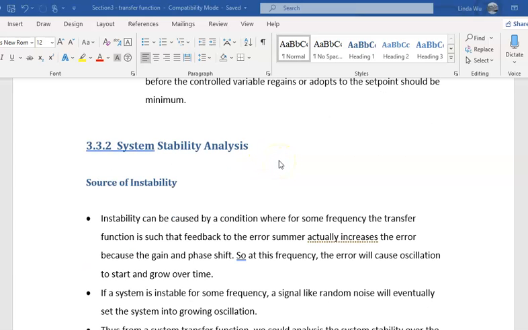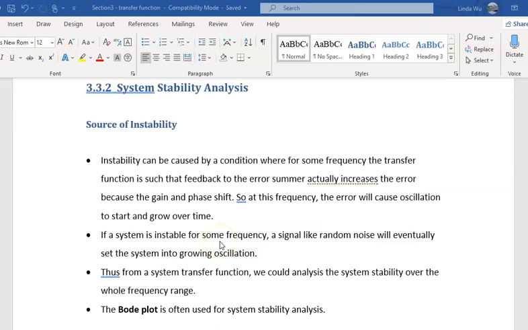And for the system stability analysis, there is a source of instability, so we will talk about what causes the instability. It is the feedback path. Remember we have a summer in front of the control system. The system input goes to the summer, and feedback goes back to the summer as well.